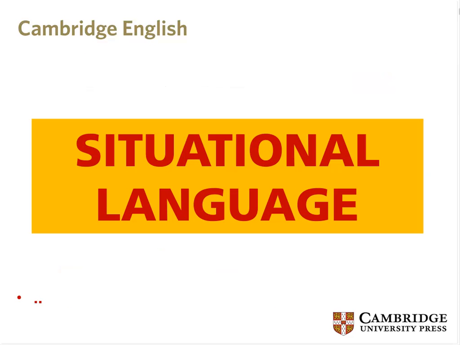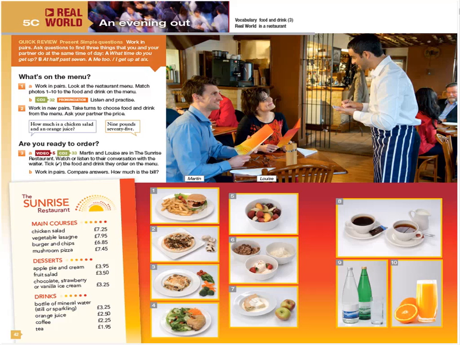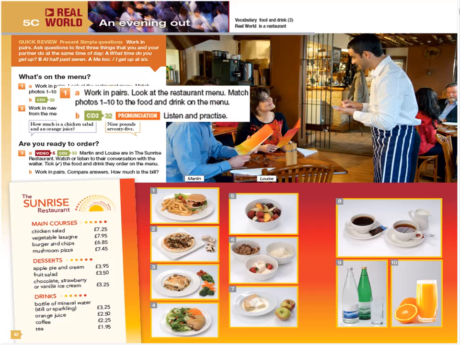Okay, let's have a look at an example for situational language. Here's a lesson from the new Starter second edition book, which, as you can see from the picture, is a classic in a restaurant ordering food lesson. Of course, being Starter, we need to make sure they know the vocabulary first.